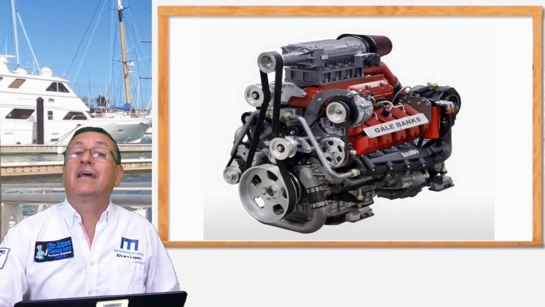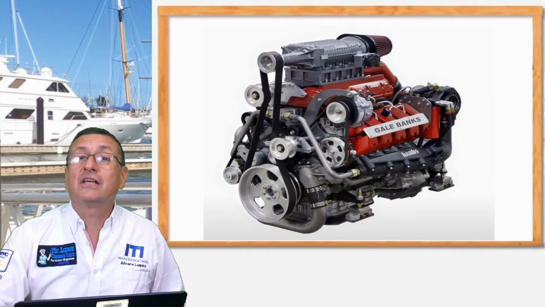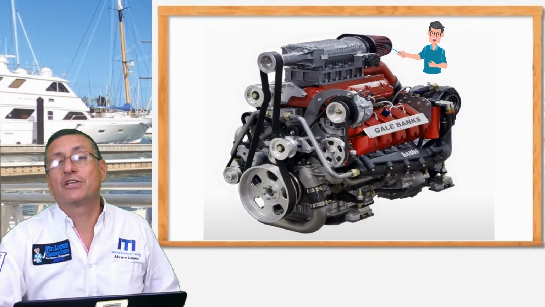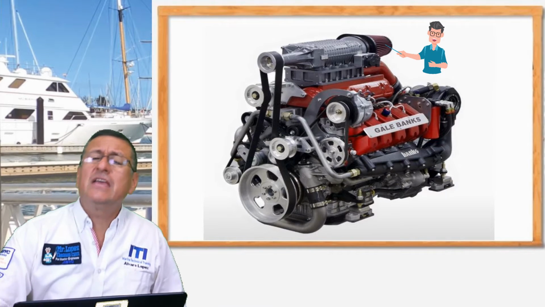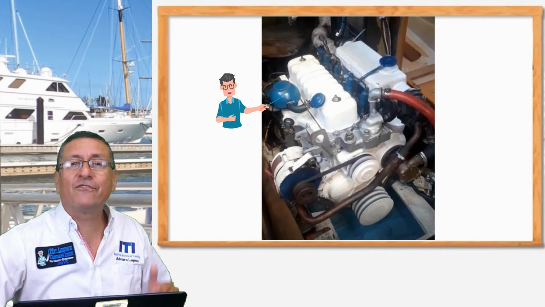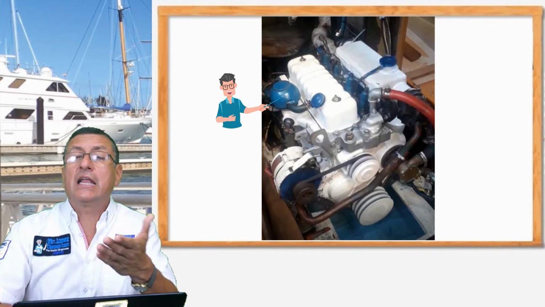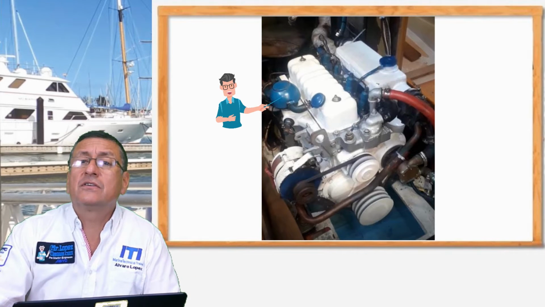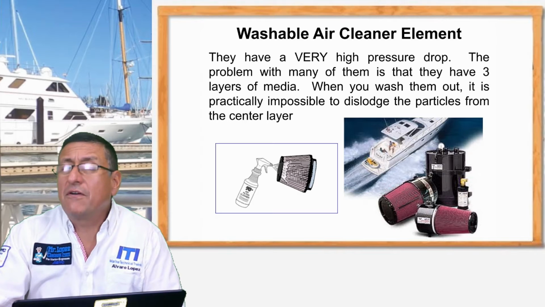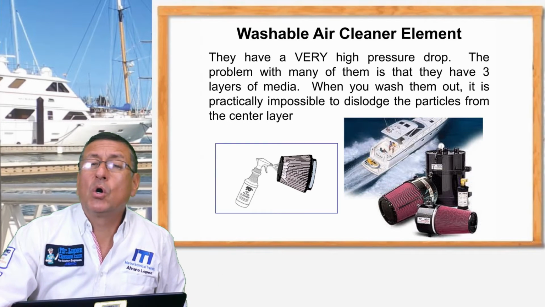If the diesel engine is supercharged, the air filter is located on top of the supercharger. If the engine is naturally aspirated, where is located the air filter? Okay? Analyze the air filter and analyze if the air filter is an air filter that you can clean or not.